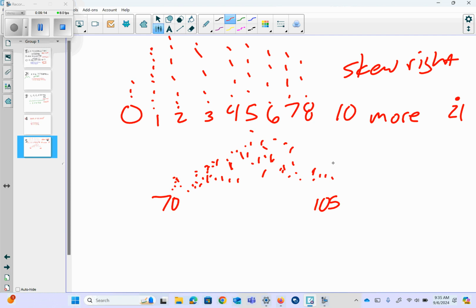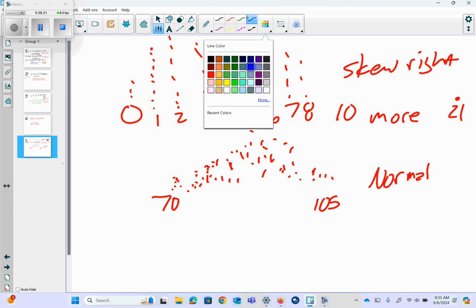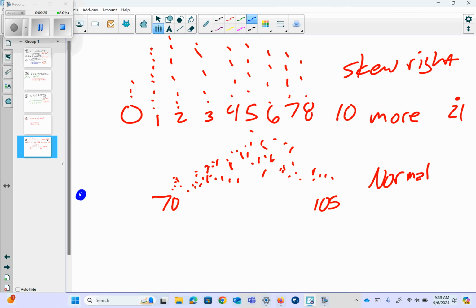Something like that. So you might be able to get away with normal, but let's face it, we've had snow in June. So you might have that way down here situation. Okay, this is that one cold day, and this might create a skew left.